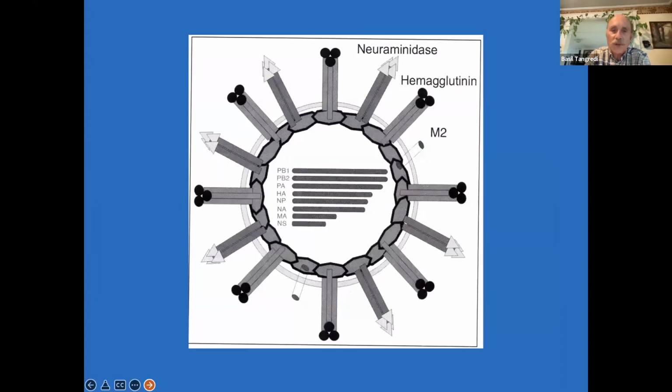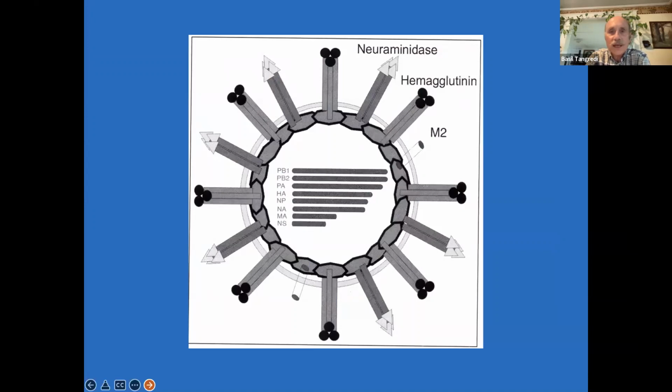You have the envelope with surface proteins, hemagglutinin and neuraminidase. The hemagglutinin is a surface protein that will combine with the receptor on the host cell, sort of a key in the lock situation, a knock on the door. And if the key fits the lock, the virus will be admitted into the cell.